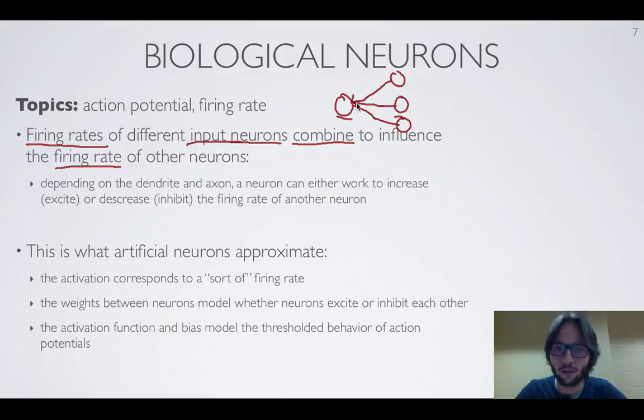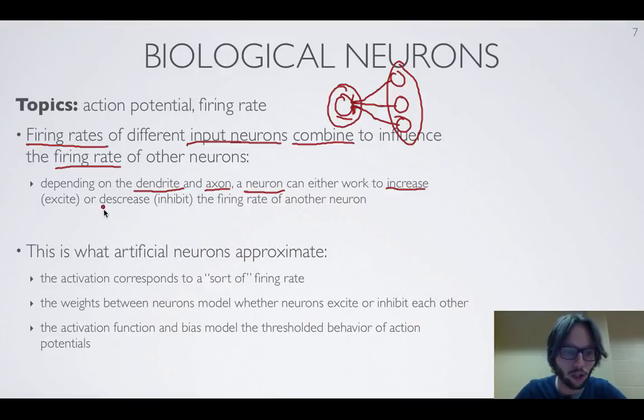The firing rates, or information, will be propagated in this way. So the firing rate of these neurons will influence the firing rate of that neuron these neurons are connected to.